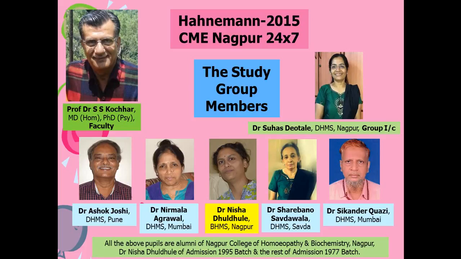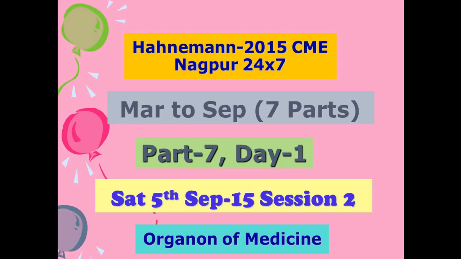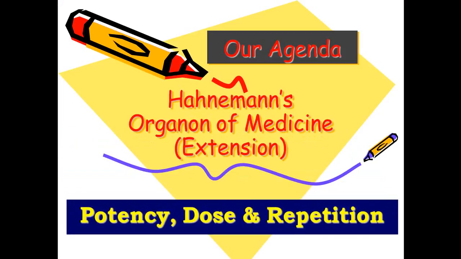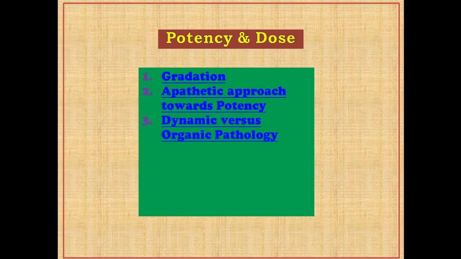Yes, now we go ahead with the second session today, and that is on Organon, and we'll talk about potency, dose, and repetition. It's a very vital topic, and we shall try to do a little justice to the practical considerations for our homeopathic practice.